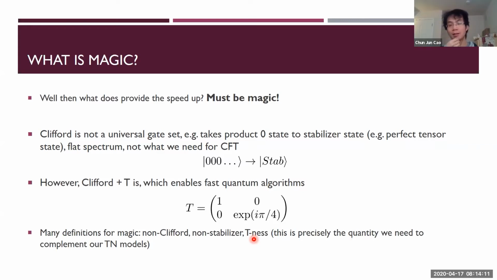But I think what I was trying to say is that you can take any element, it doesn't have to be this one, that's outside, which is orthogonal to the Clifford. Yeah, of course. So all of that will give you a universal gate set. So there's nothing special about this one.